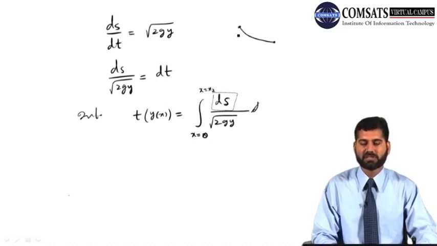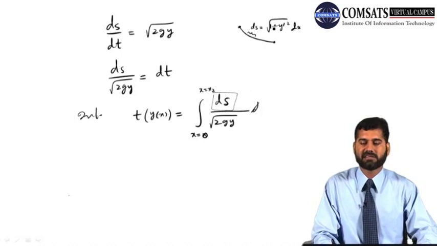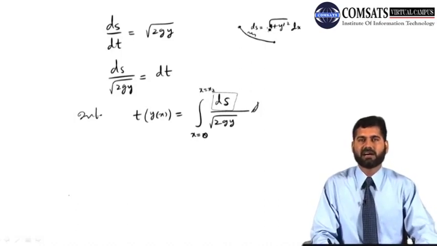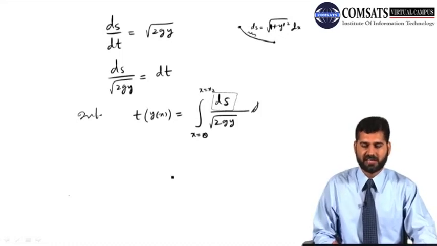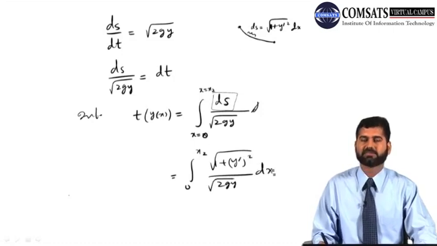Alright, so what we will do is, we will replace the formula by the element of the distance, which is square root of 1 plus y prime square, dx. Right? This is the formula. It's again the element of the length of the curve. Without integration, this is ds. So you go from 0 to x2, ds is square root of 1 plus y prime square over square root of 2gy, dx.